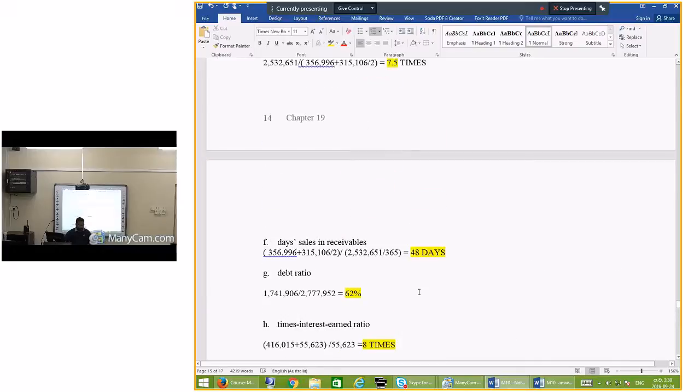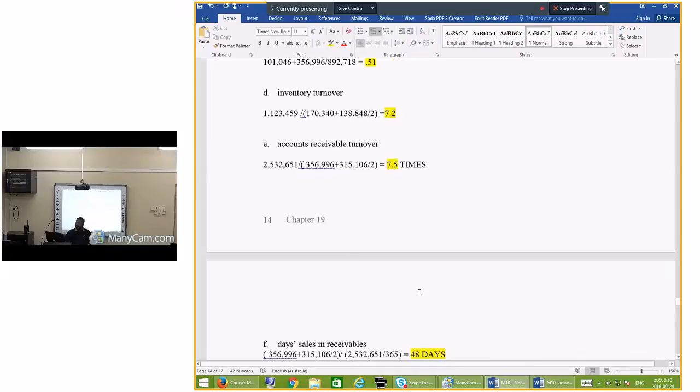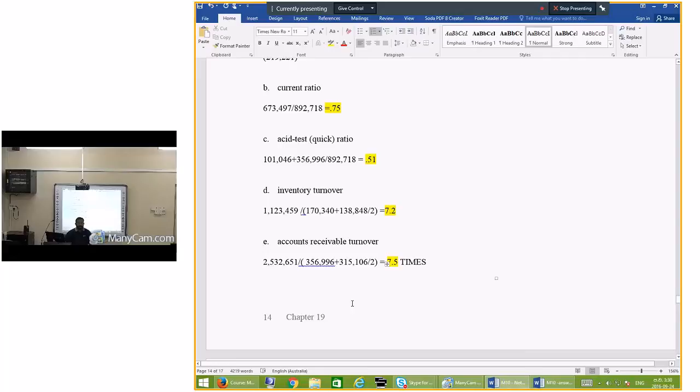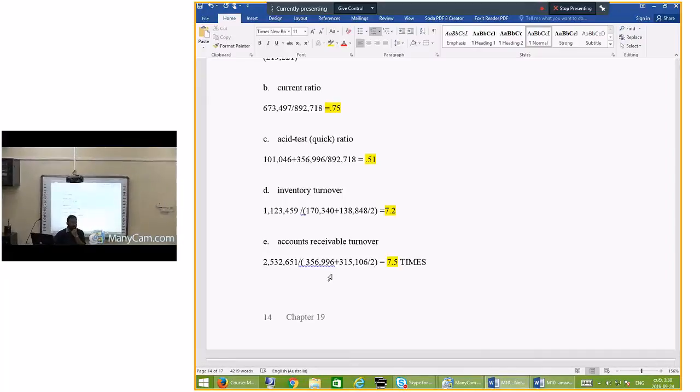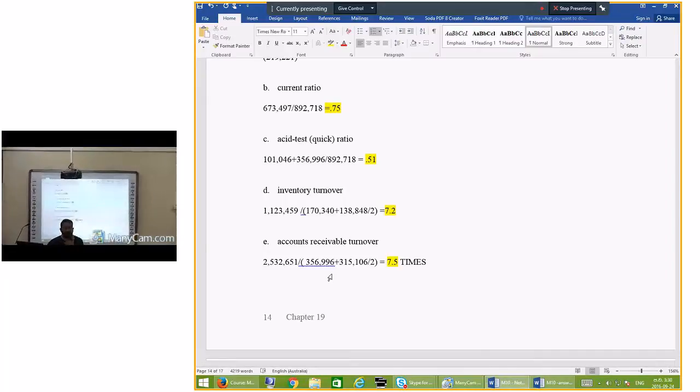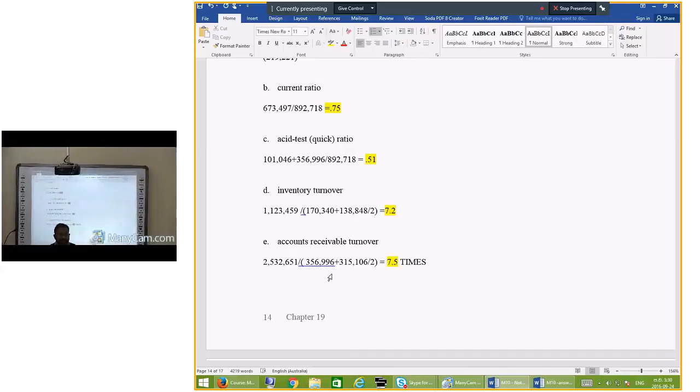These calculations are very important for your assignment too, because you have to do the ratio analysis using your own figures in your financial statement, and it is very easy. Take the Excel sheet, transfer all the figures into it and just calculate everything.